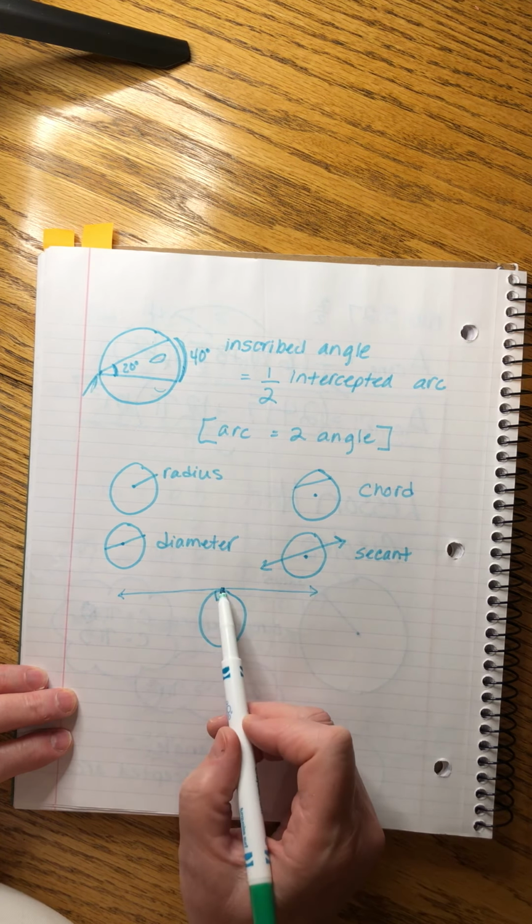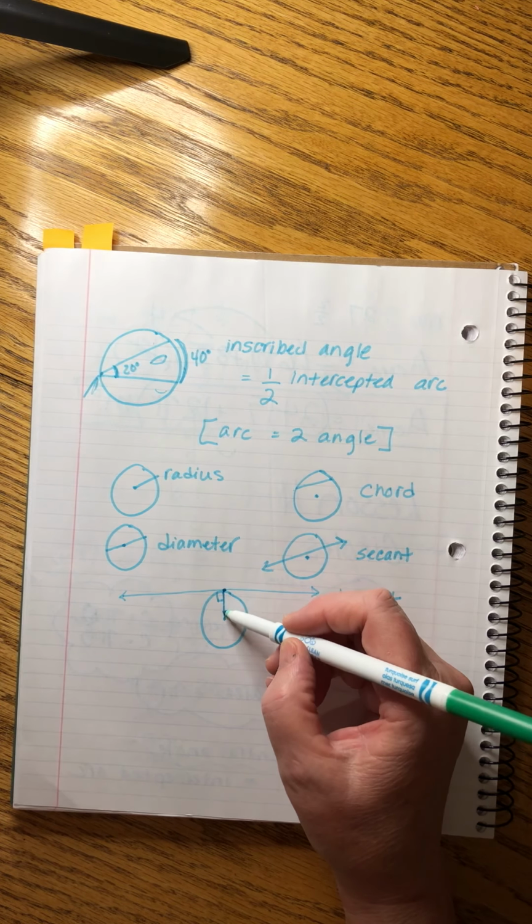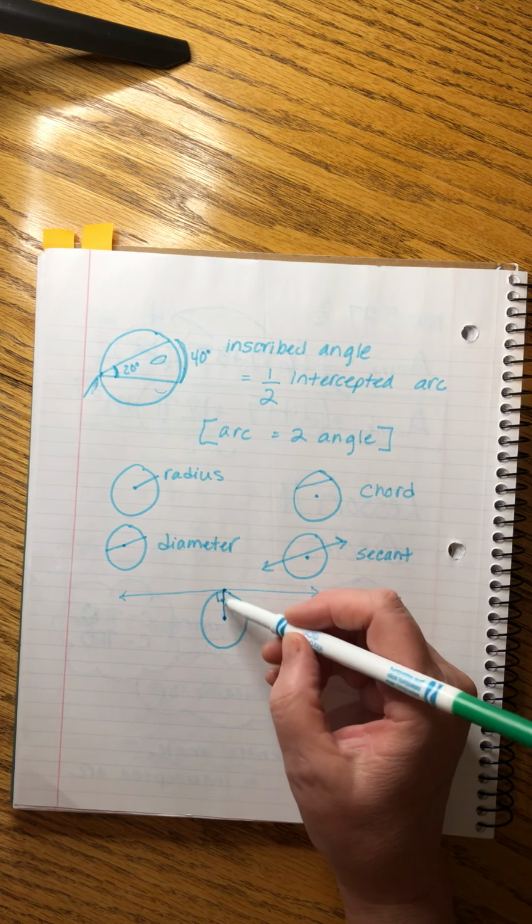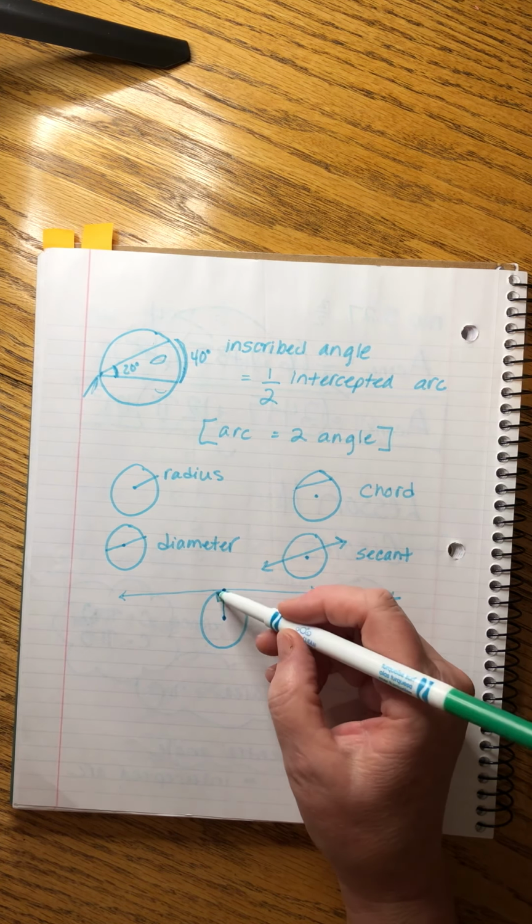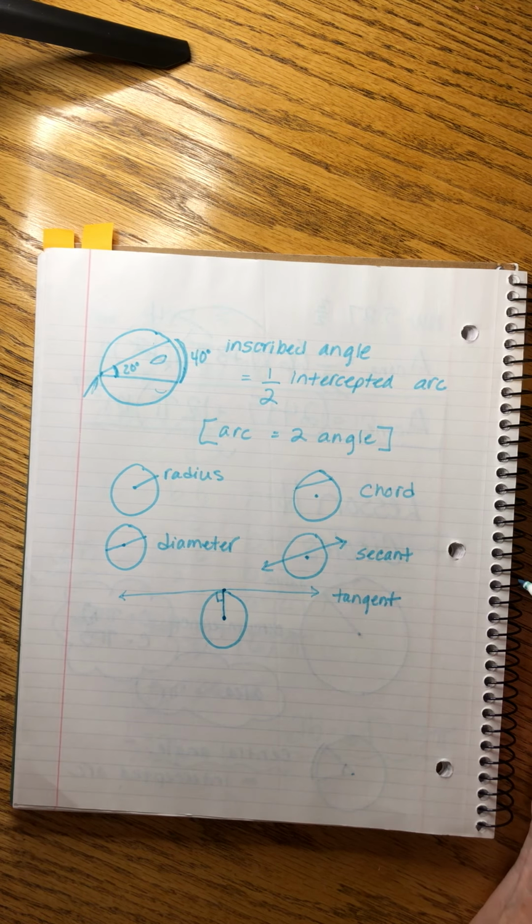It doesn't cross into the circle. It just touches at that one point, and that's called a tangent. Okay? Cool thing about a tangent is that if you take the point where the line of tangent touches the circle and draw a radius back to the center, that will always form a right angle. Cool, right?